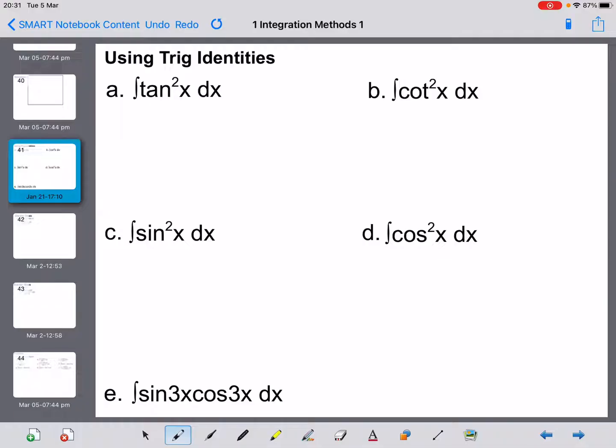So if we think about the integral of tan squared, obviously tan squared is not in the formula booklet. However, it's related to something that is. Have a little think about what we know the integral of that's related to tan squared.